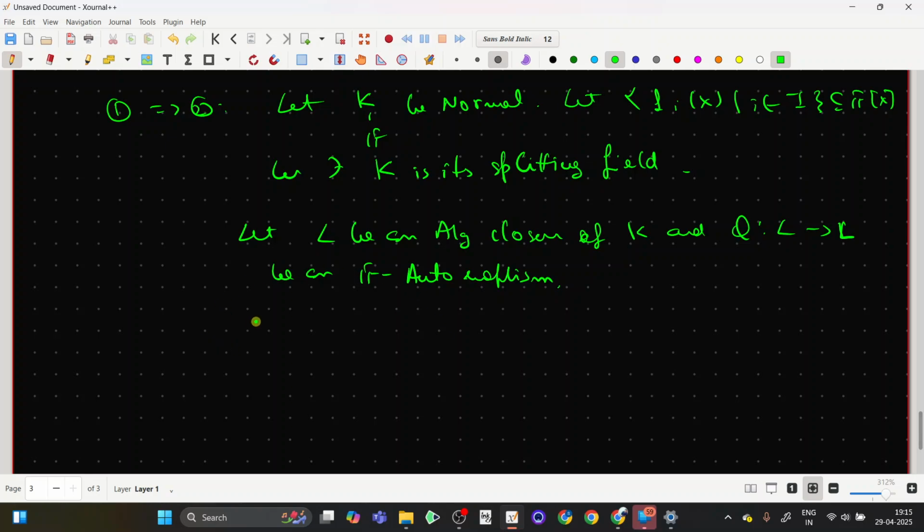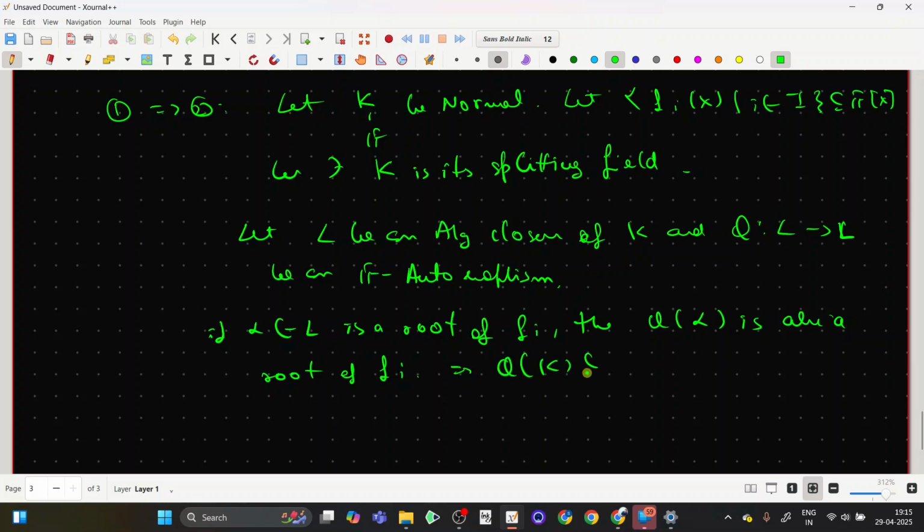Furthermore, we also know from the proof of the uniqueness of splitting fields that if alpha in L is a root of f_i, because after all L is an algebraic closure, then phi of alpha is also a root of f_i. What does this imply?